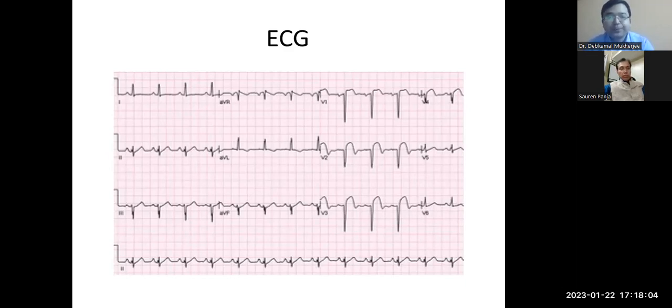Is there any differential for this, Devkamal, with the ST elevation and cardiac failure? ST elevation along with cardiac failure, sir. If this ST elevation is only in the anterior leads, fine. If the ST elevation is all throughout, then pericarditis may be thought of. Along with that, there may be presence of a ventricular aneurysm.